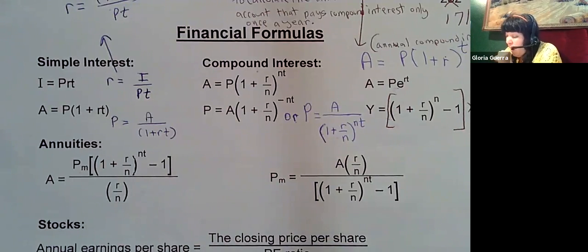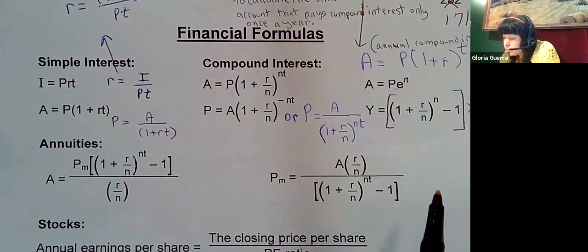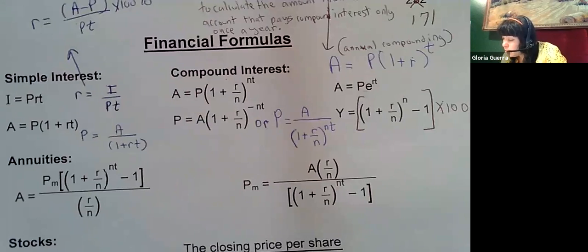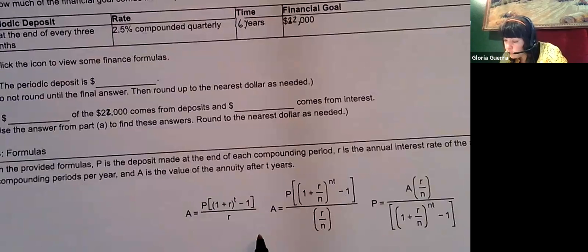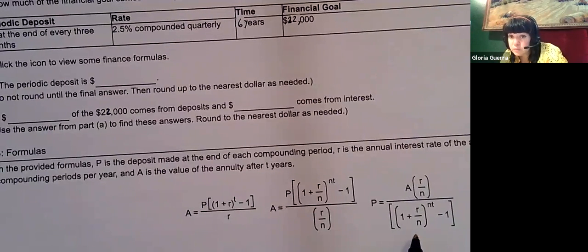Okay, so we want to use this formula right here. They do give us choices to help narrow that down, and it's this last one here.